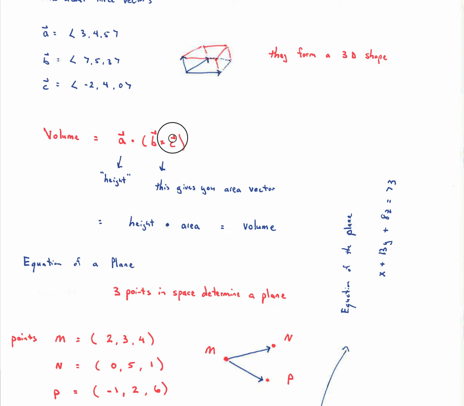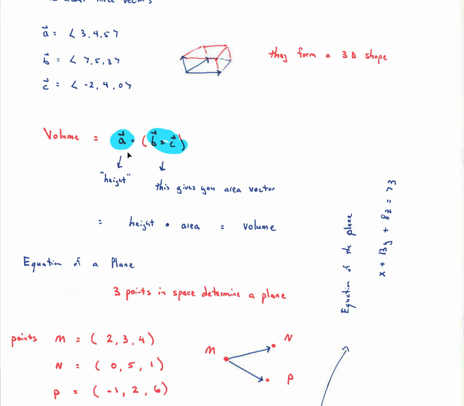Because B cross C gives you the area of the parallelogram, and the dot product with A gives you basically the area times the height.